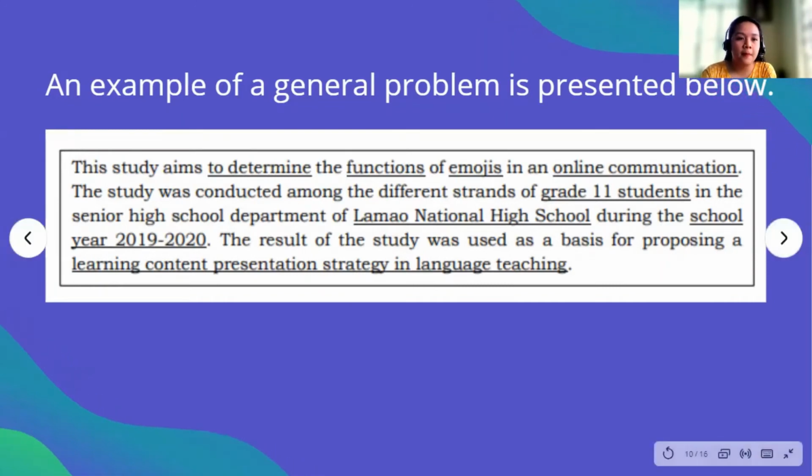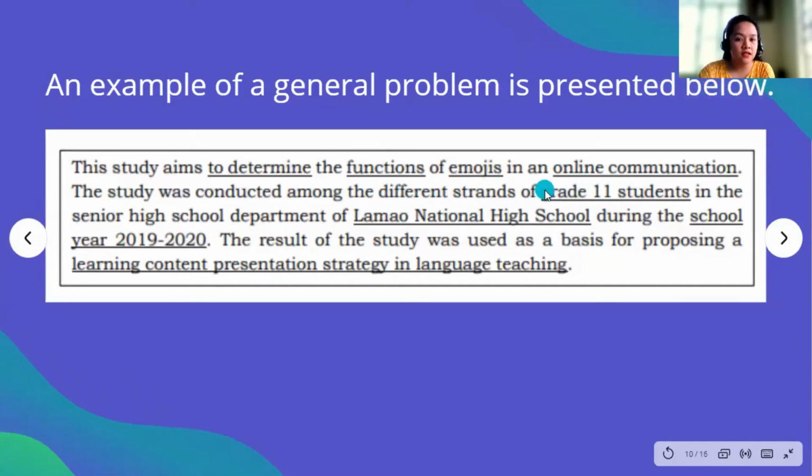So let's see. So this study aims to determine. To determine is the main task. The functions of emojis in an online communication. So this one is the major variable. Functions of emojis in an online communication. The study was conducted among the different strands of grade 11.